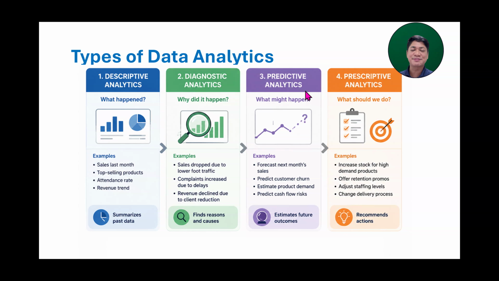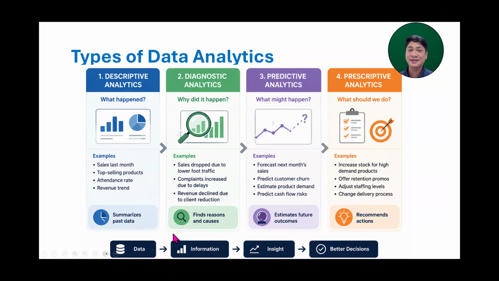So these are the different types of analytics. The idea is that you have your data that you will then transform into information. That is why information, you define it as processed data. And actually, it's also not really correct to say raw data because data is technically raw information.